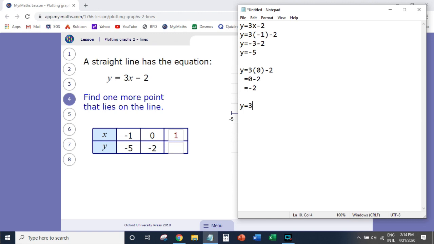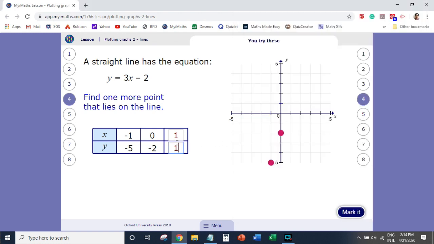So 3x minus 2, and then I will change my x now to positive 1, so 1 in parentheses there, then copy minus 2, and then 3 times 1 is equal to 3, and then minus 2. That will give us 3 minus 2 is equal to 1. So if x is 1, our y is also 1. So our point is 1, 1. So positive 1 for x and positive 1 for y.